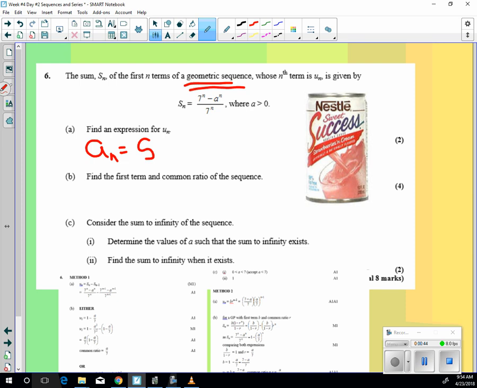And I think what they did brilliantly is they did s of n minus s of n minus 1. It's just so much easier the way that they did it.